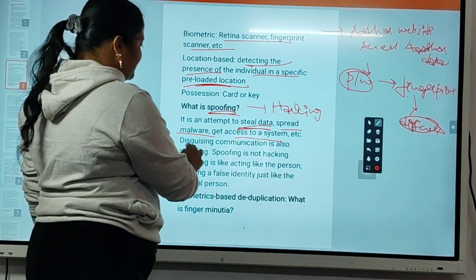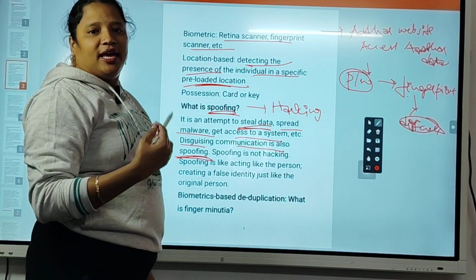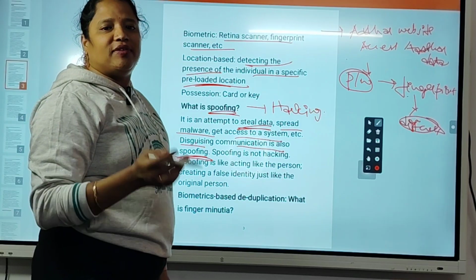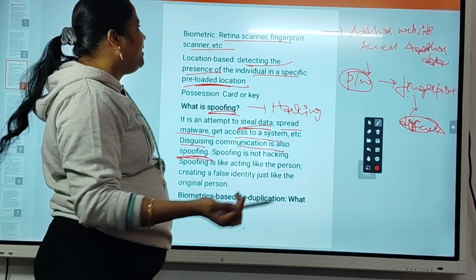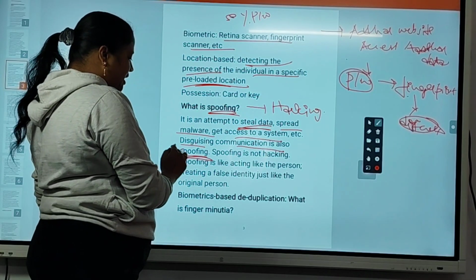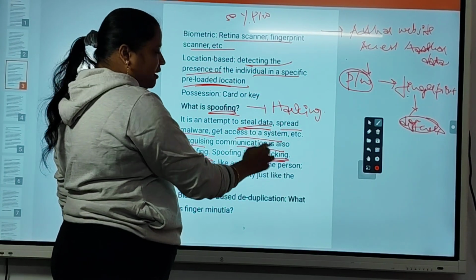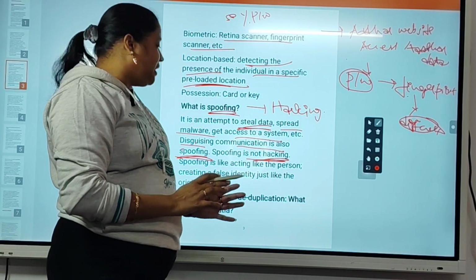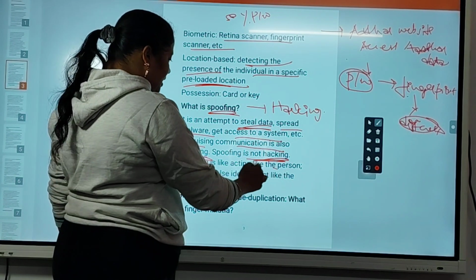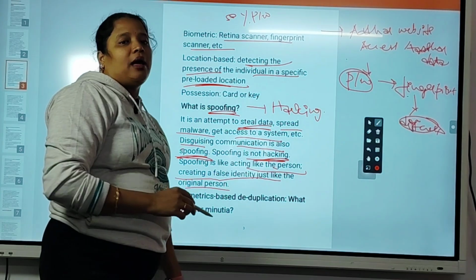Disguising communication is also spoofing. Even if he is not the original person, he will act like the original person by entering all the security questions, passwords, etc. That is online disguising. Spoofing is not particularly hacking, but acting like the person, creating a false identity just like the original person.